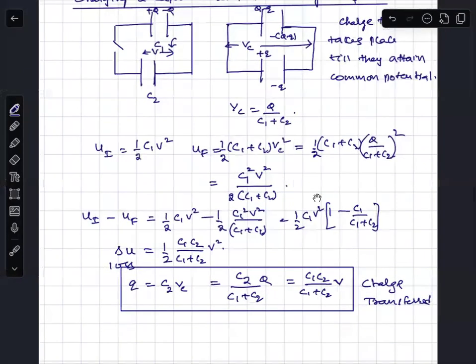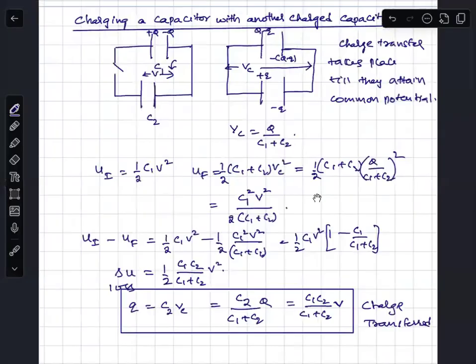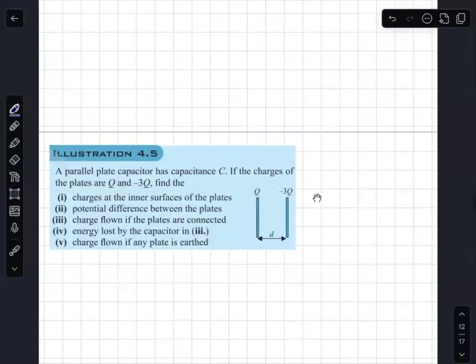So you can charge a capacitor in two ways. One, by connecting it across a battery, or by connecting it across an already charged capacitor. Till this point, any student having doubt? Pakka? Right. Next.